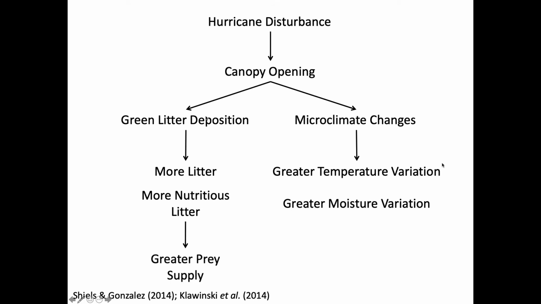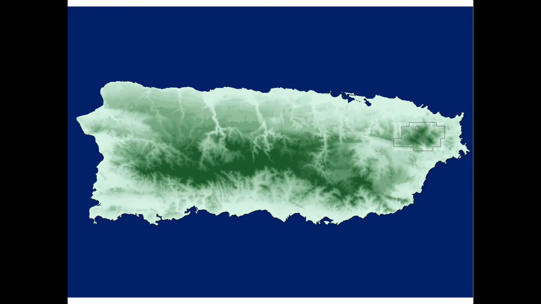And these two things lead to, in the case of green litter deposition, greater prey supply potentially for insectivorous lizards, and it also alters the thermoregulatory opportunities because you have hotter days and cooler nights, and that affects organisms that are ectothermic. So this is the island, this is the Luquillo experimental forest over here on the east side.